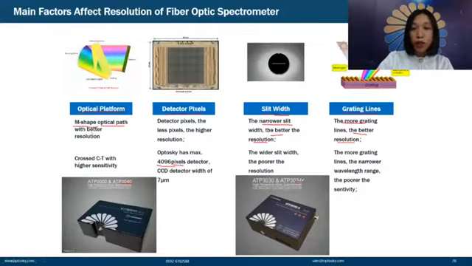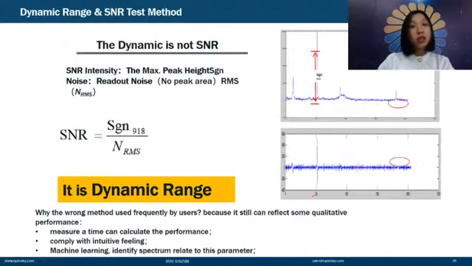This is also a super high resolution model because it uses the M-shaped optical path, and it also has 4096 pixels.